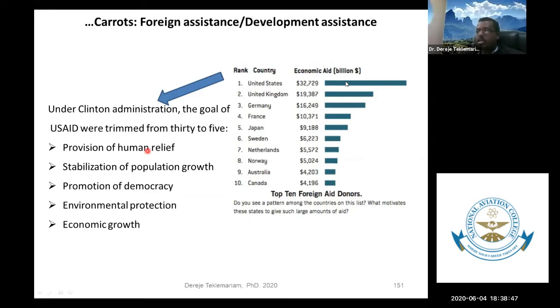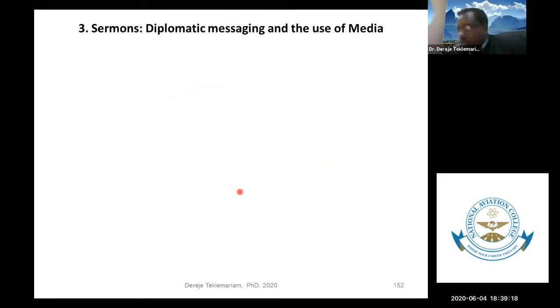This assistance is categorized either as the provision of human relief, the stabilization of population growth, the promotion of democracy, the promotion of environmental protection schemes, or economic growth and related issues. I hope you got what I mean, yeah? Economic growth. With this, countries can really benefit a lot. You can judge how countries are really involved in this perspective.